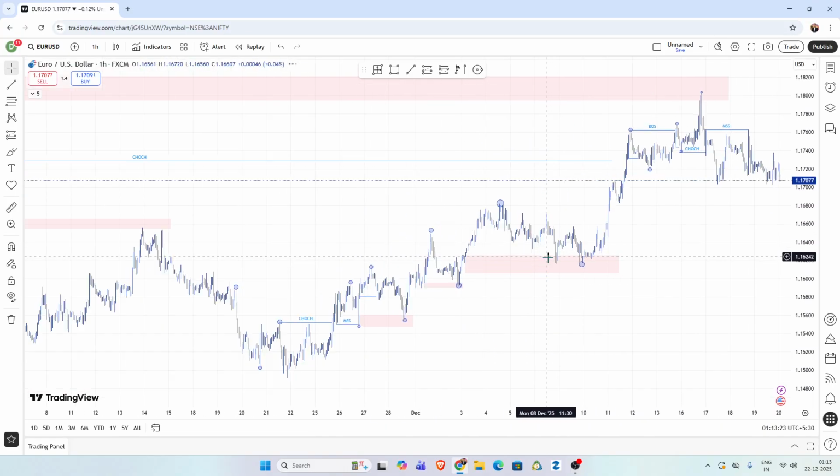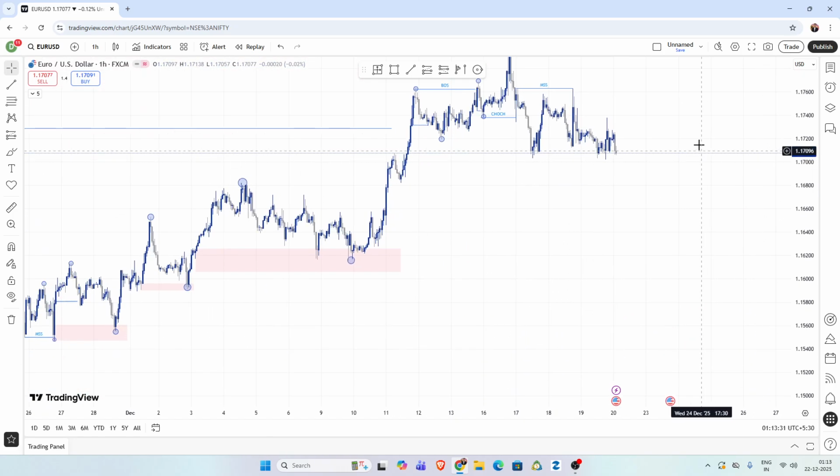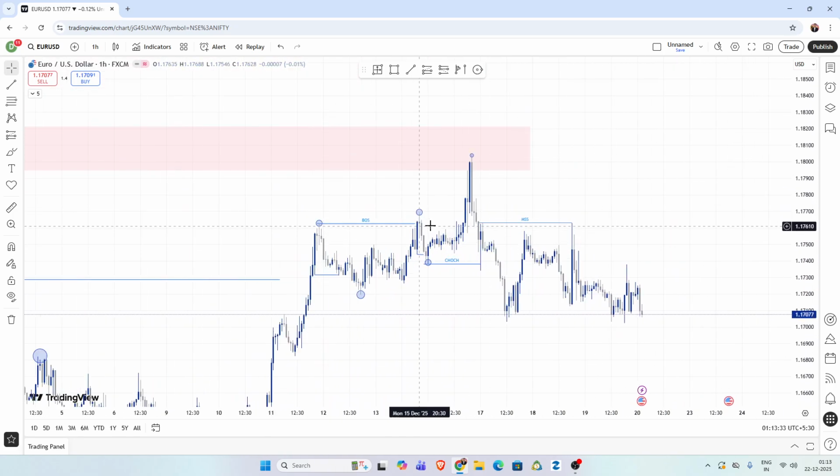In 1 hour, you see these points are higher high, higher low, then higher high, higher low. After this break of structure, it was again higher high, higher low, but that was in 15 minutes. After the tap to the order block from the daily time frame, it just broke this towards the downside.